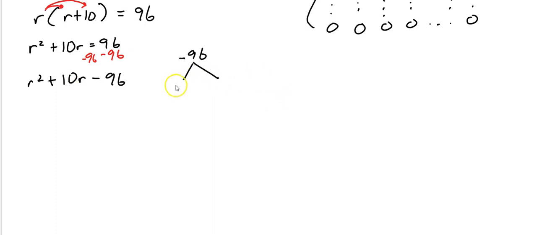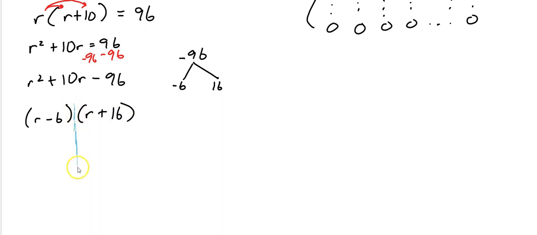Just to skip to the middle, if you end up getting to negative 6 and 16, notice negative 6 times 16, you can work it out on your calculator in case you don't trust me, you're going to get negative 96, which is right here. Negative 6 plus 16 is going to give us positive 10, which is right here. So our factored expression for this is going to be R minus 6 times R plus 16.